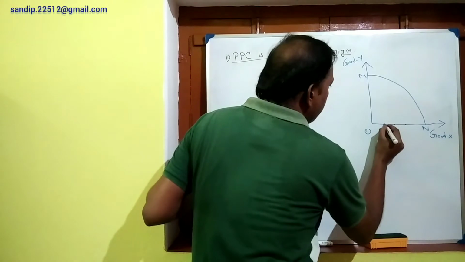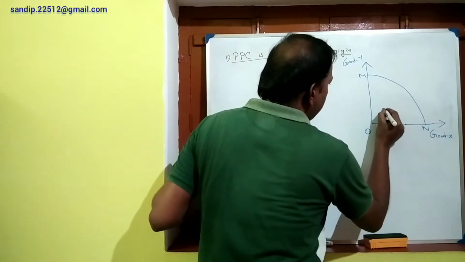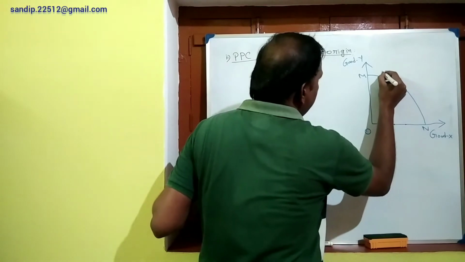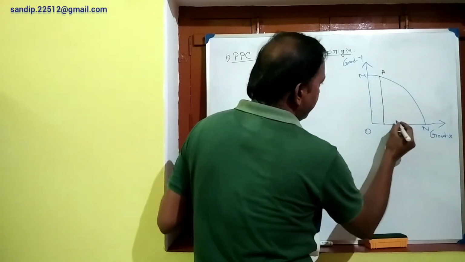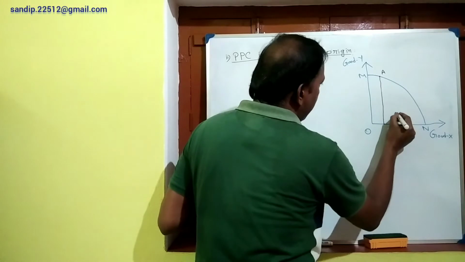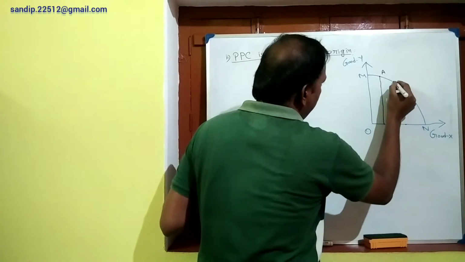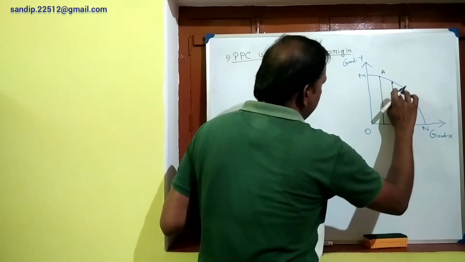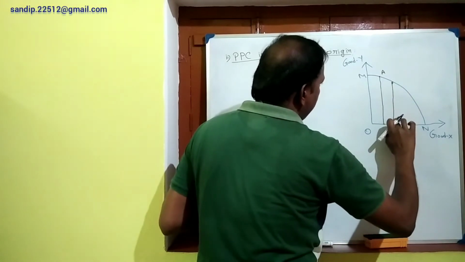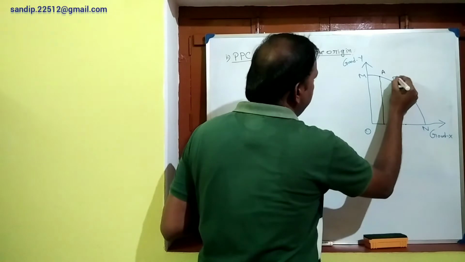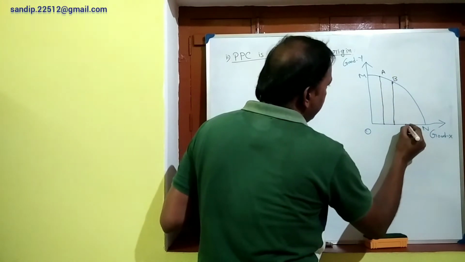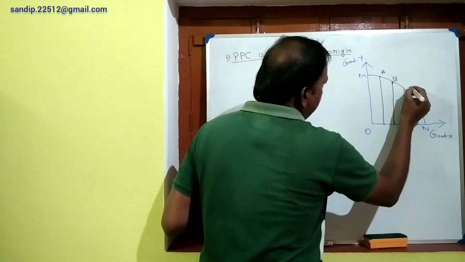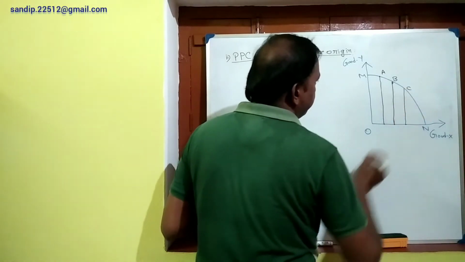Now if you draw a perpendicular from the first point to the curve, suppose I get the point A. Now from the next point also I draw a perpendicular to the curve, and let this be the point B. Similarly here also I draw another perpendicular to the curve, and let it be C.